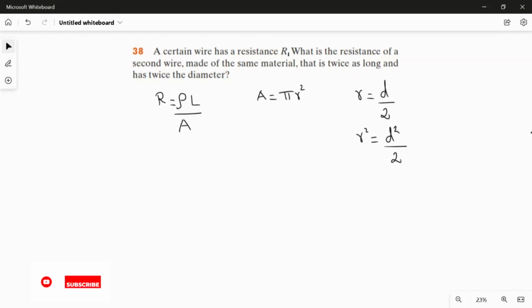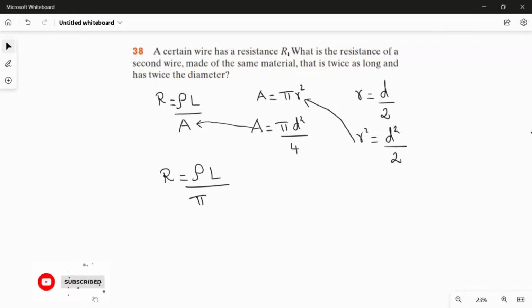I take this r squared and substitute it here. By that, the area is equal to pi d squared over 4. Now I substitute this area into the resistance formula. The new modified equation is R equal to resistivity multiplied by length over pi multiplied by the diameter squared over 4, and this 4 will go to the top.